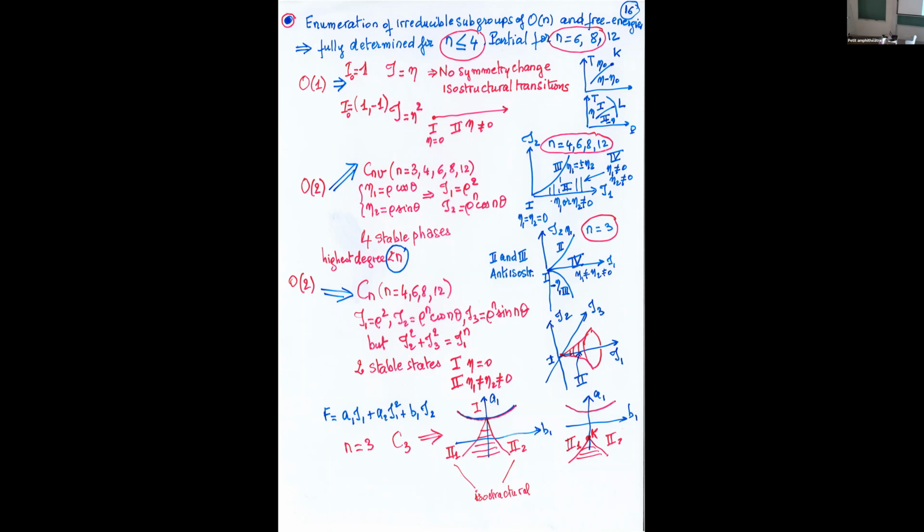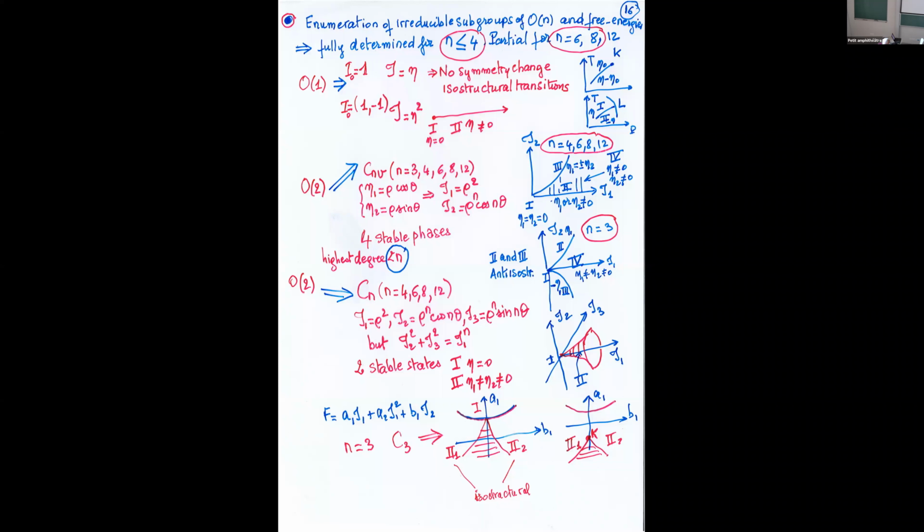So let's take O(1), because each value of n gives an interesting, let's say, physical situation. Let's take first what are the subgroups of O(1). We have 2 subgroups. We have the subgroup composed of the identity, and so we have a single basis of integrity, which is I equals eta.